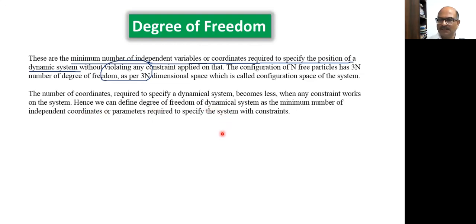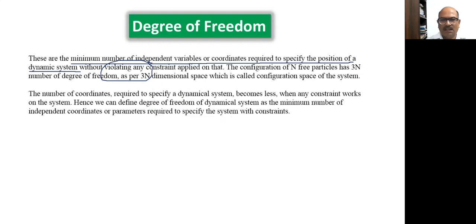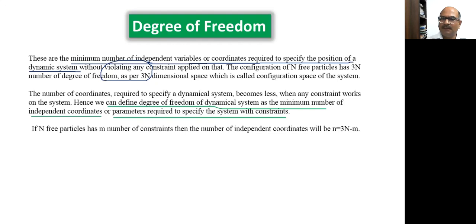So we can define degree of freedom of a dynamical system as the minimum number of independent coordinates or parameters required to specify the system with constraints. This is an important part.